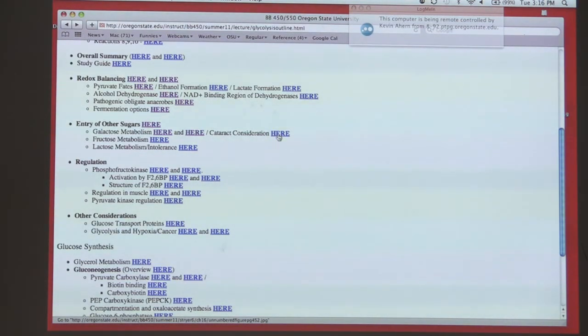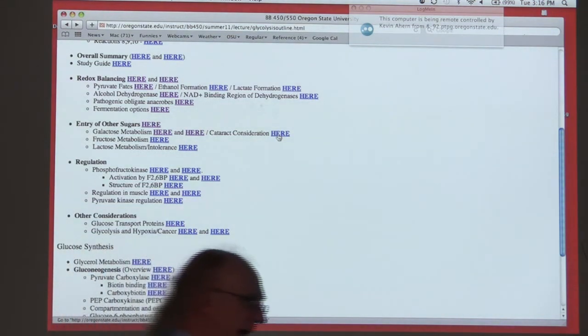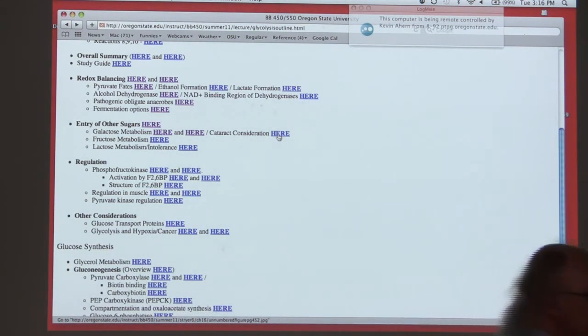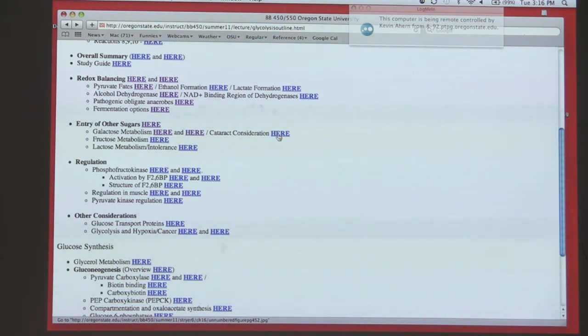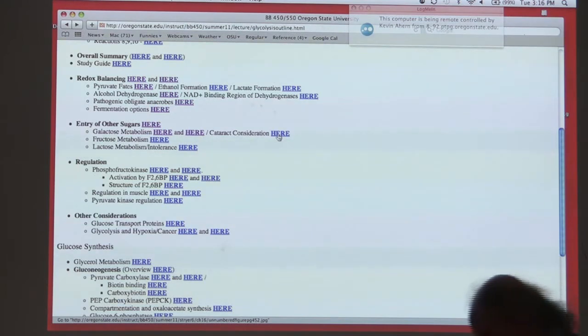Lactose intolerance happens not because of that pathway up there, but rather because of the lack of, or the diminishing quantities of, an enzyme known as lactase. The older you get, the less lactase you make. And that varies somewhat from one ethnic group to another. Asians tend to have lowered amounts of lactase compared to people from other areas of the world.